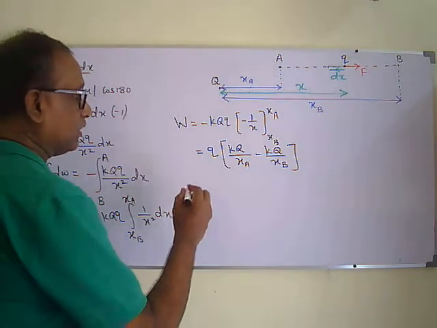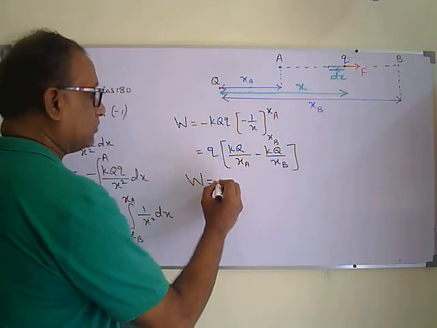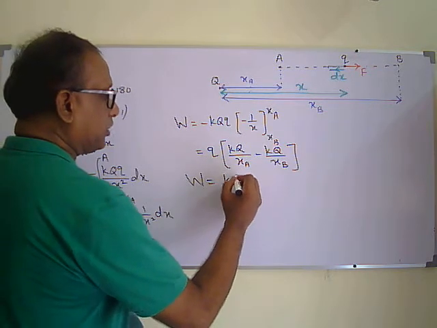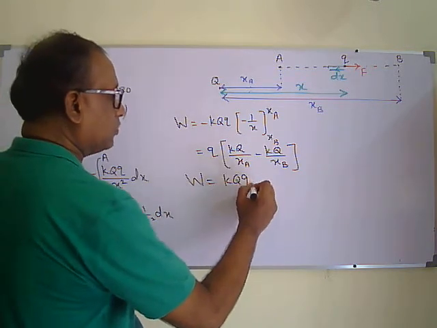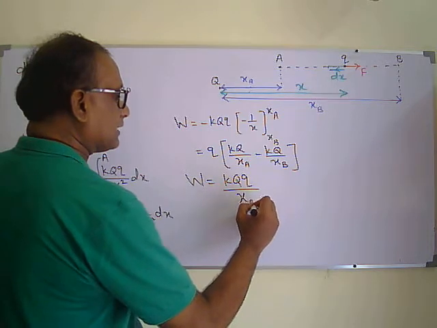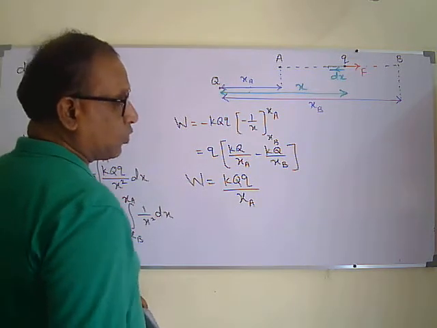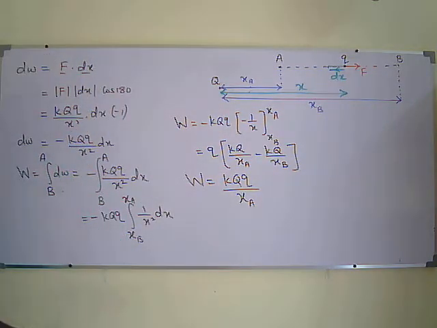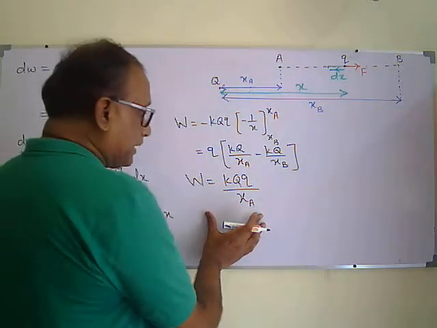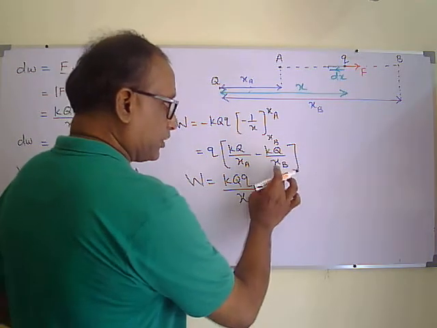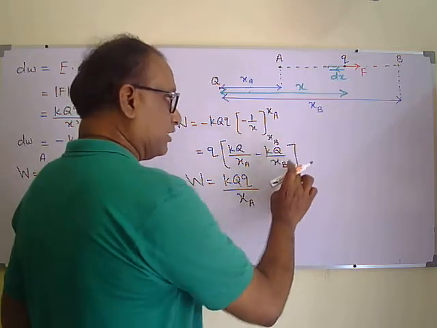So at that time the work done will become W equal to kQq over xa. Okay, so what does this mean? This one is 0 because xb becomes infinity, so this quantity will become 0.